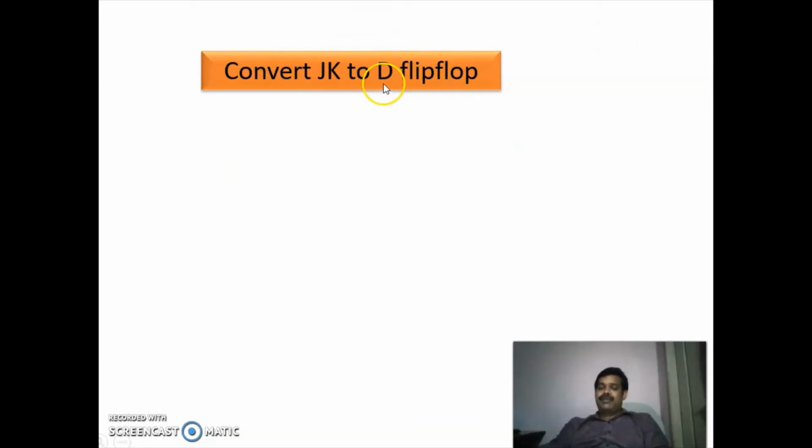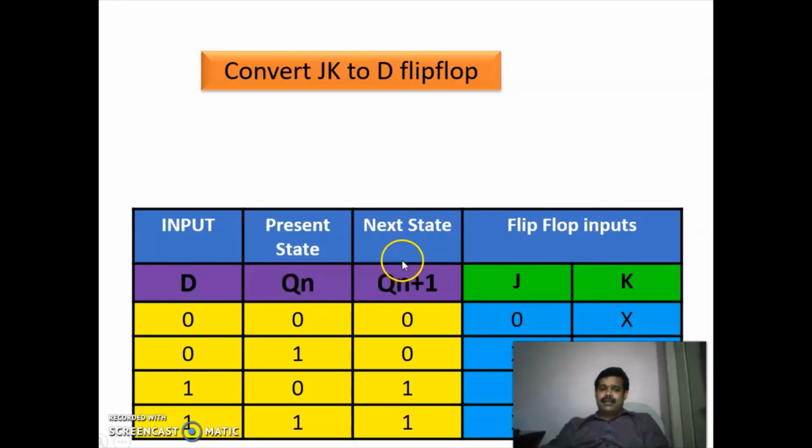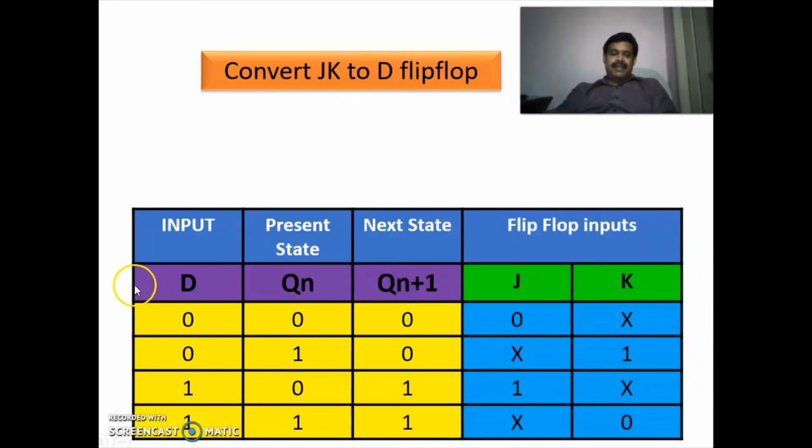First we have to write the truth table of the D flip-flop. It has one input, D, the present state and the next state. D has only one input and the present state may be 0 or 1.